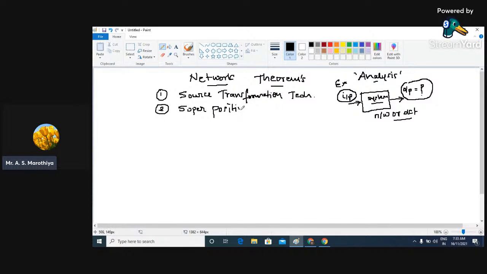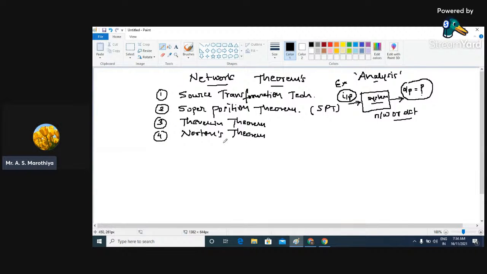In short form, it is nothing but SPT. Then third is Thevenin's theorem. Then fourth one is Norton's theorem.